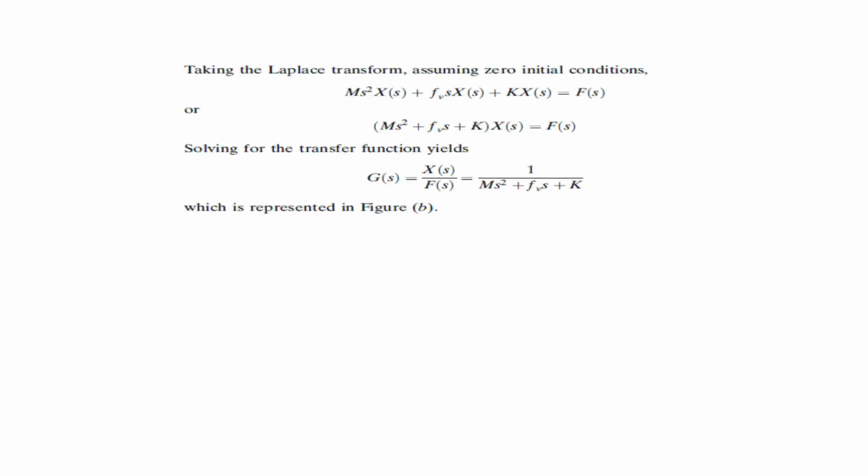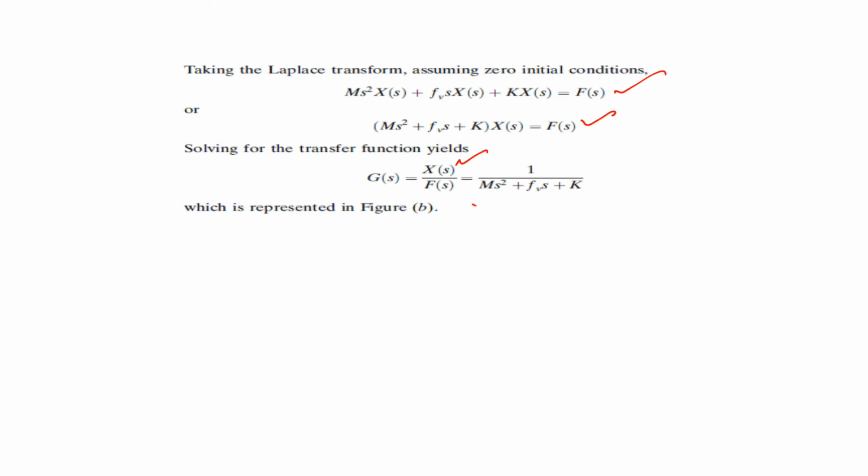Finally we take the Laplace transform of both sides and we get this equation. Since we want the ratio of X(s), the displacement, by F(s), we get X(s)/F(s) equals 1 divided by (m s squared plus f_v s plus k).